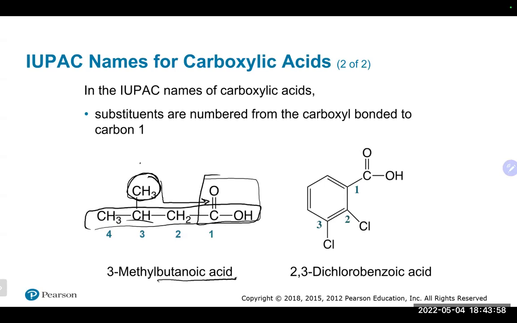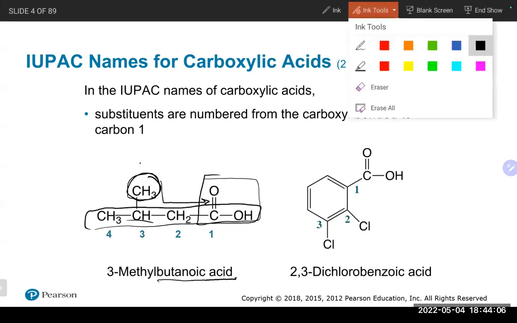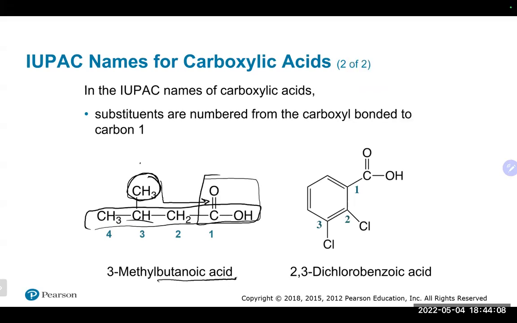Now here we have a benzene ring that has the carboxyl group on it. So this entire thing here is part of the main part of the name, which is the benzoic acid part. This entire thing along with this takes care of all of the benzoic acid part of that name.